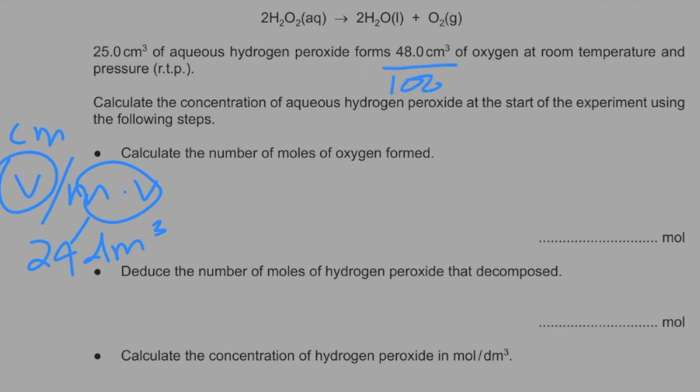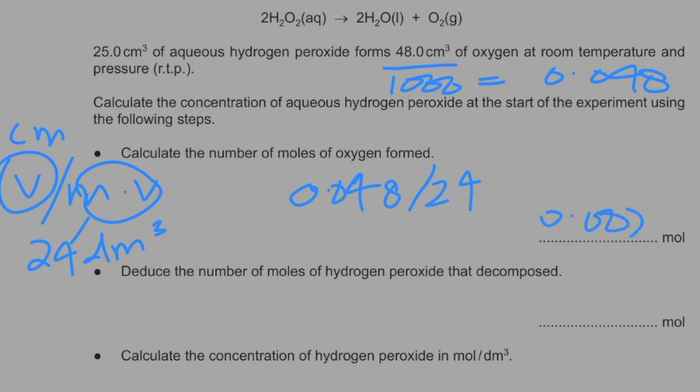I'll divide this by 1000, which gives 0.048 dm³. And now I'll divide this by 24, and this gives the answer as 0.002 moles. Then followed by deducing the number of moles of hydrogen peroxide that decomposed.